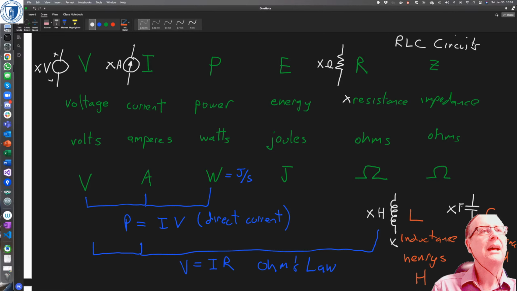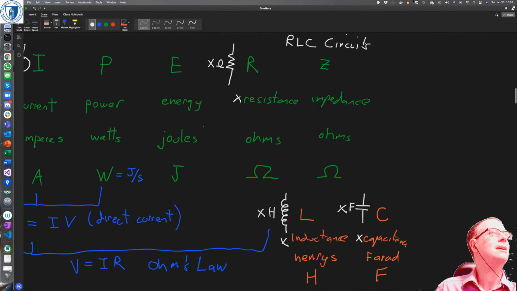And the aim of this course is to be able to put these things together into a circuit. Oh, my head is in the way. Sorry. Maybe it'd be easier if I just scrolled this across.